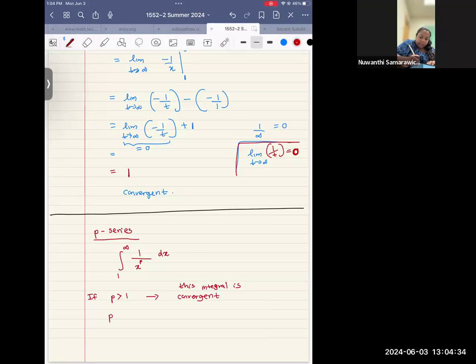And if p is less than or equal to 1, this integral will be divergent.